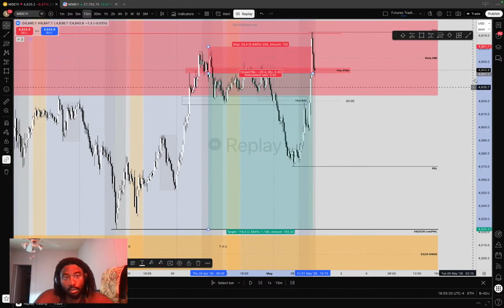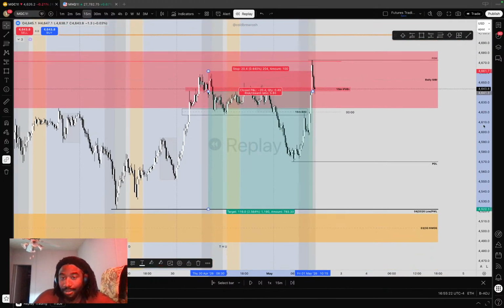Now, again, in a non-consolidating market, this would have been the most beautiful trade. We came all the way up into consequent encroachment of that daily SIBI. We took the inversion fair value gap that was formed from that.